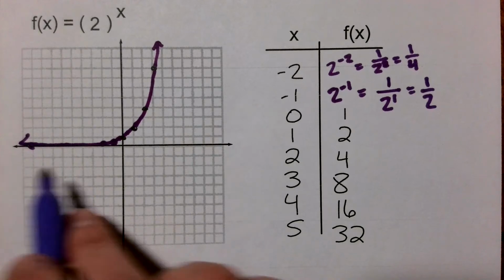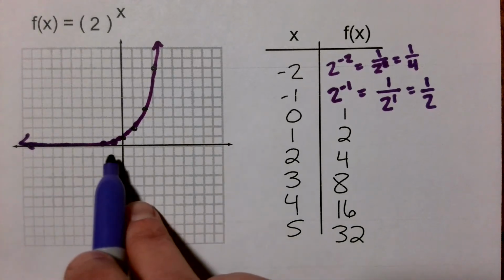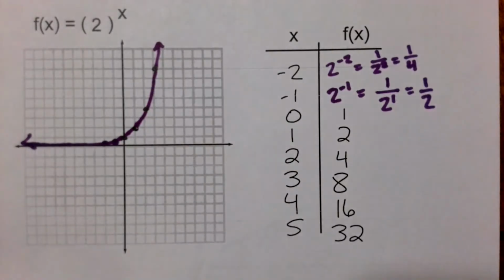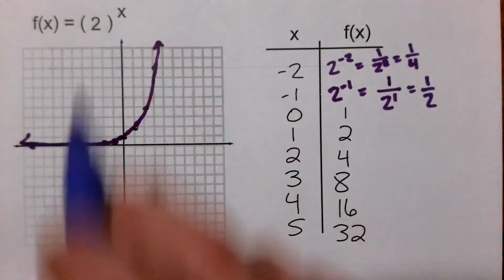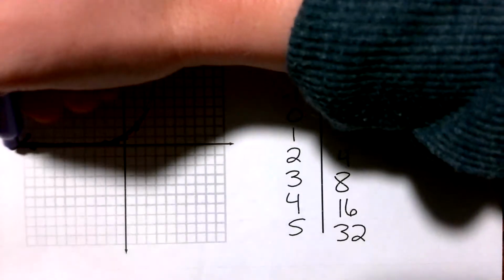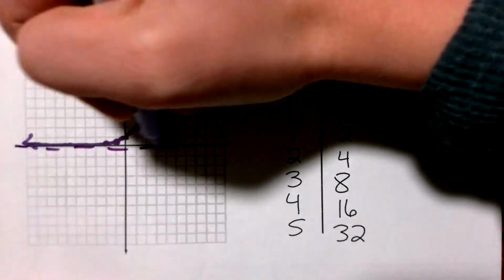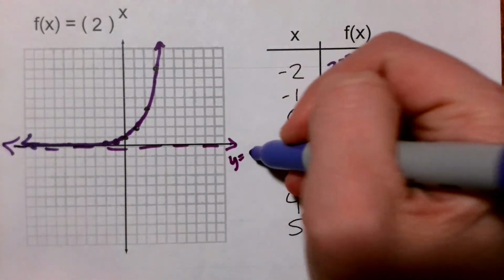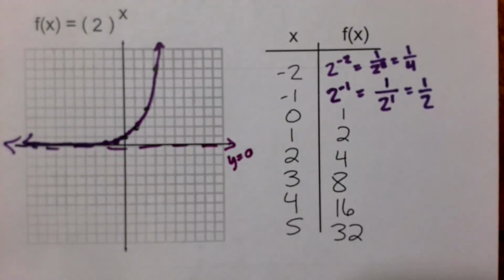So think about that paper folding, that as we go off to folding it an infinite amount of times, eventually this almost looks vertical because of how much it is exponentially growing. So technically we do have a horizontal asymptote here at y equals 0. So that would be what growth looks like.